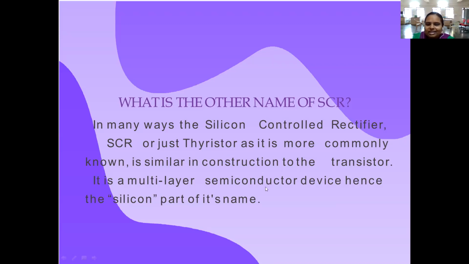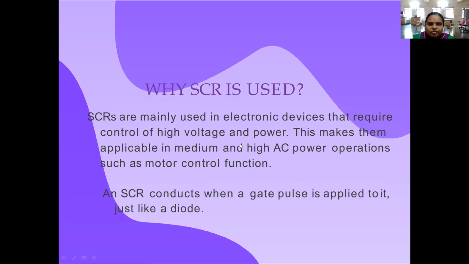It is a multi-layer semiconductor device, hence the silicon part of its name. The construction of the SCR is nothing but a transistor construction. Based on this transistor construction, we call it a thyristor. Nowadays we call the SCR a thyristor also.